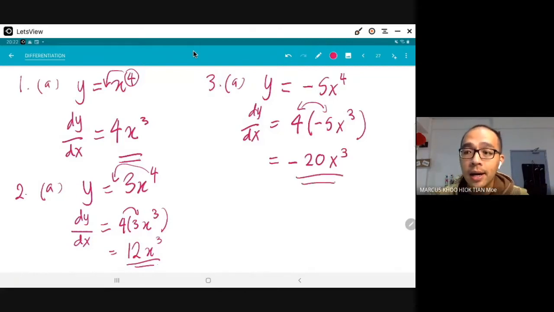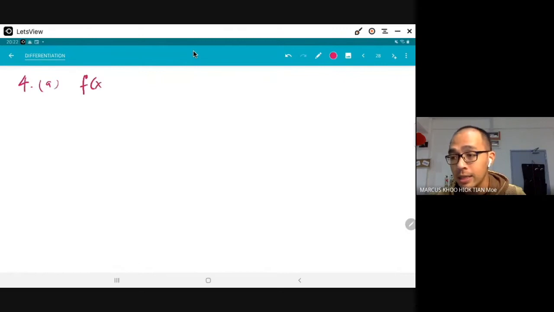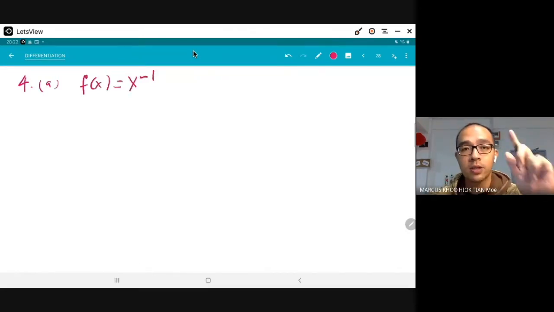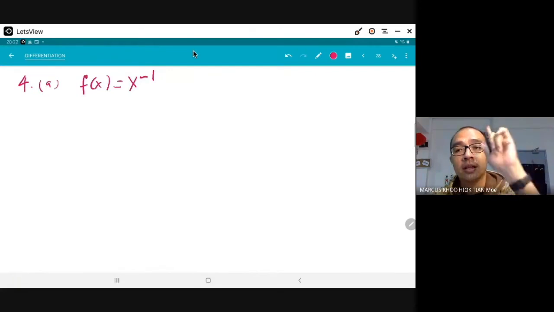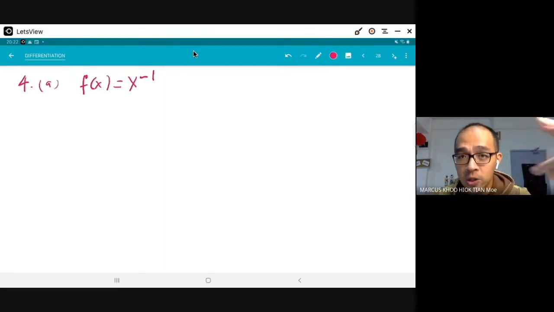Now, the problem comes when we have things like 4a. So this is what happens. So fx is equals to x to the power of negative 1. So this is where you need to pay attention. Number 1, I've already said, the first derivative alias the gradient function alias the first differentiation is also known as dy dx.